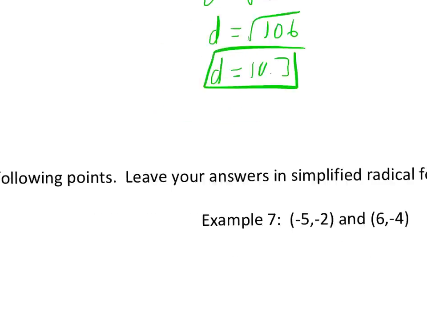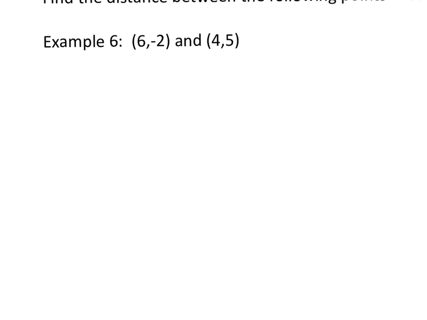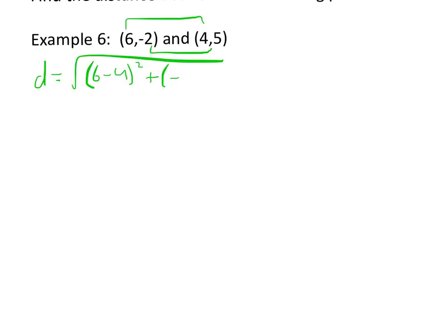Alright, our last 2 examples, we're asked to simplify in radical form, and not to leave decimals. So if we take a look at our first one, we have distance is equal to square root our differences in x's, so 6 minus 4 quantity squared, plus our difference in y's, which is -2 minus 5.